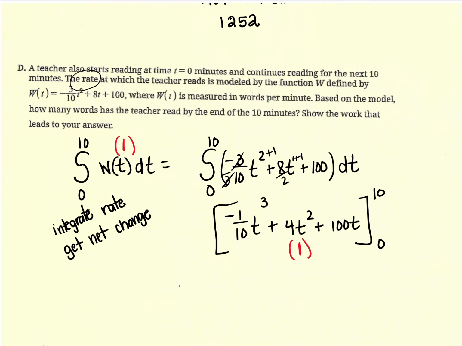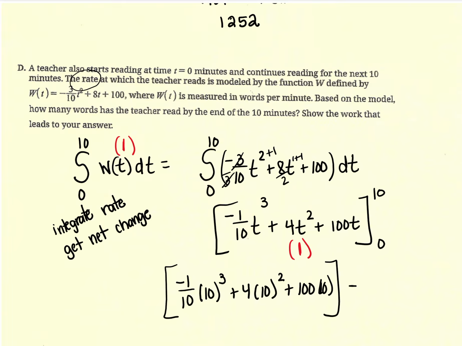Then we're going to put our 10 in wherever there is a t, plus 4 times 10 squared, plus 100 times 10. And then we're going to subtract, putting your 0 in. I love putting zeros in when it's all going to be 0.